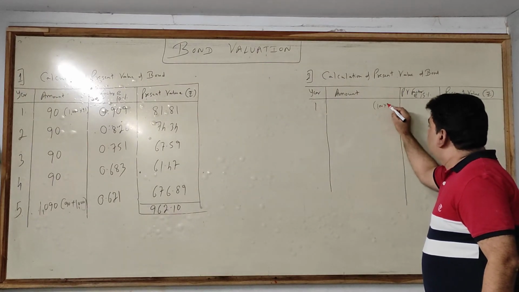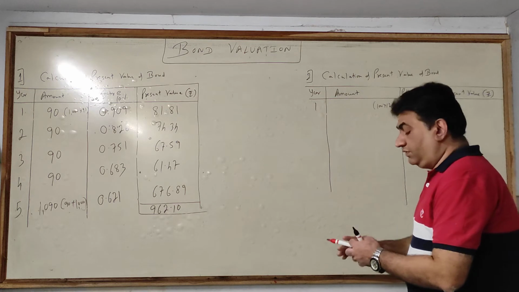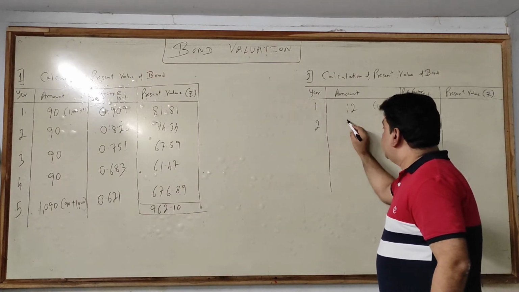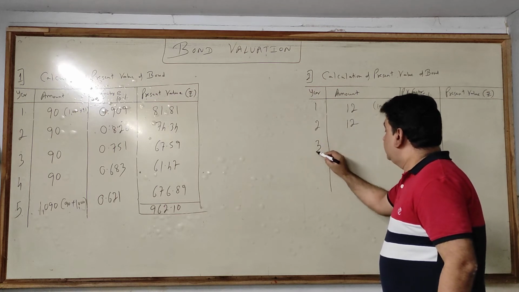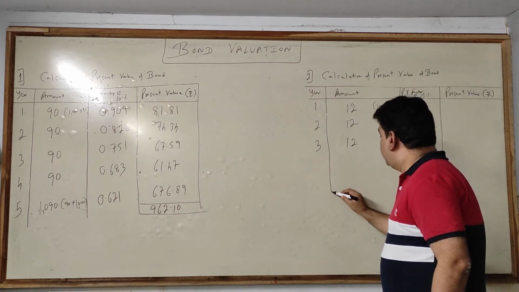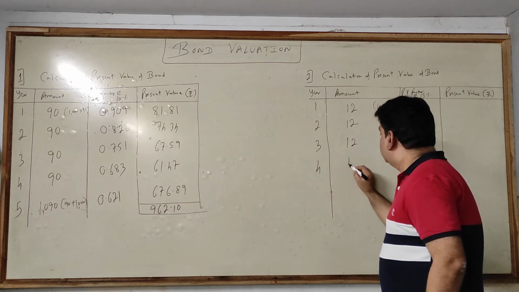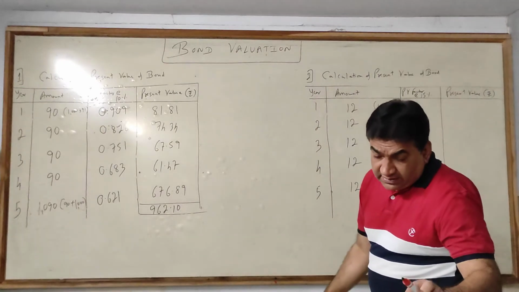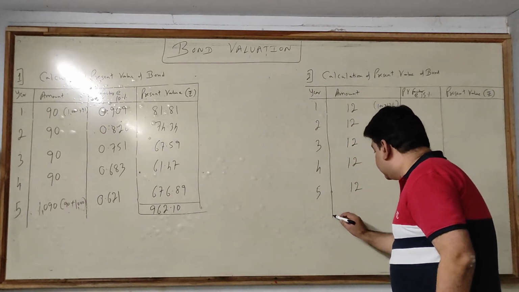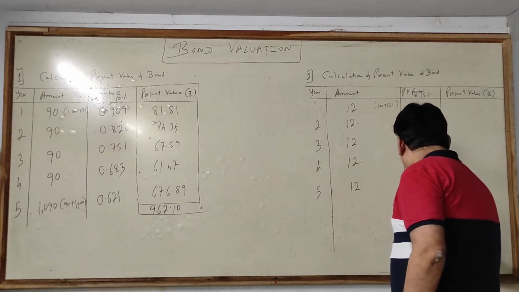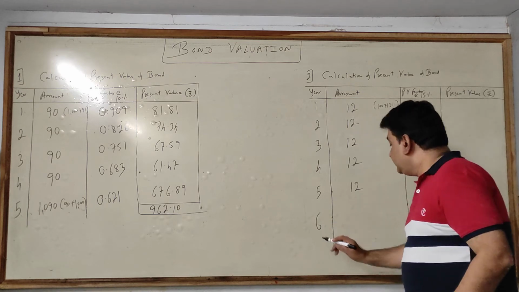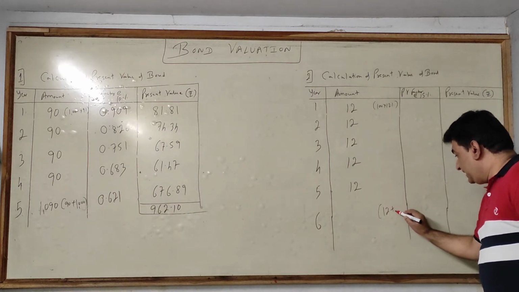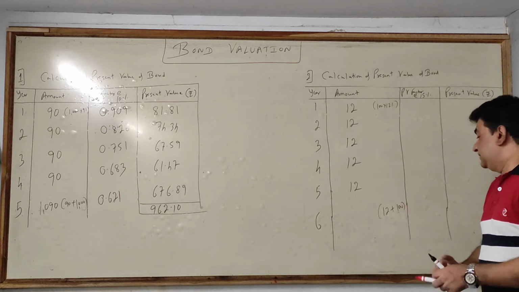So 12% of 100 is 12. Second year, 12. Third, 12. Fourth, 12. Fifth, 12. The period is 6 years. When I say the period is 6 years, that means in the 6th year you will get this interest of 12 plus the original face value, that is 100.